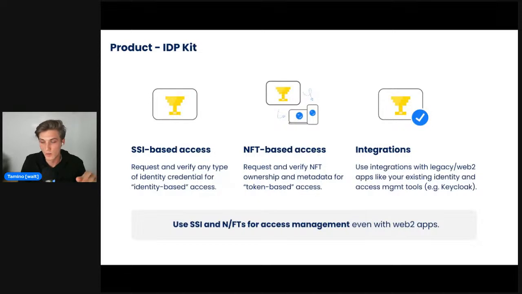So no matter if you're using Auth0, Keycloak, Firebase, or different authentication solutions which are built on OIDC standards, you can use the IDP kit and extend those identity solutions with credentials and NFT-based access. So you can easily leverage these new technologies to build login and utility.